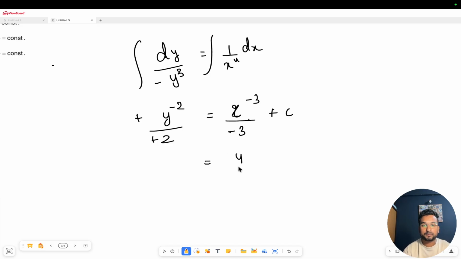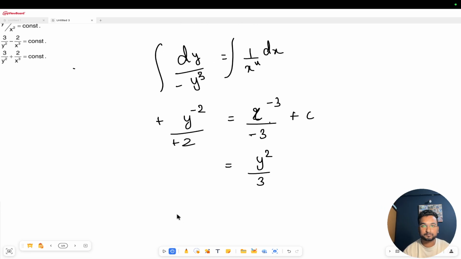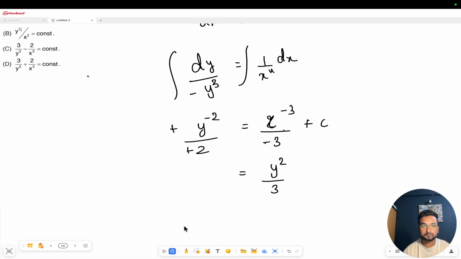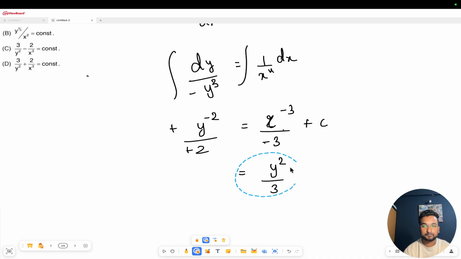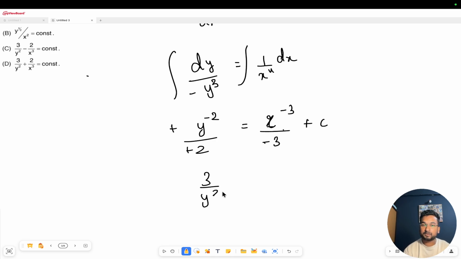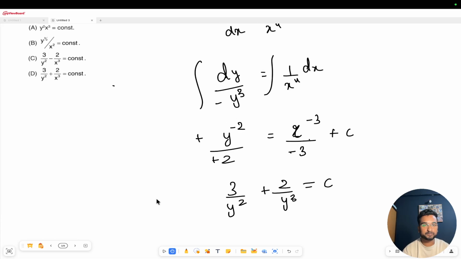It will be y square by 3, so you will get 3 by y square plus 2 by y cube equals c. It is just a simplification, you just go through it.